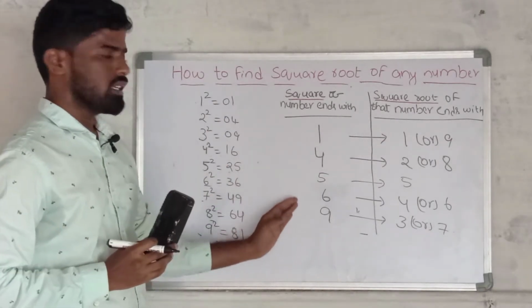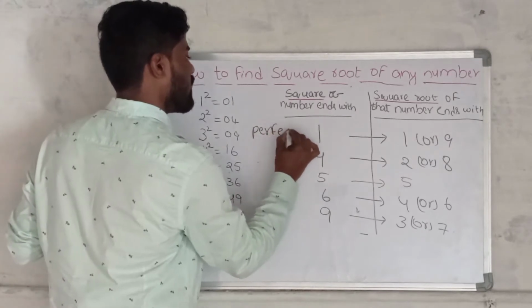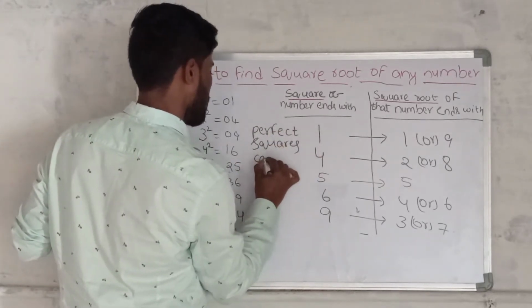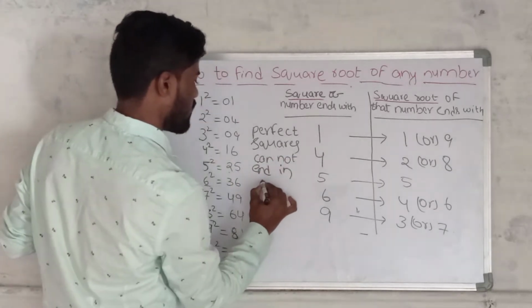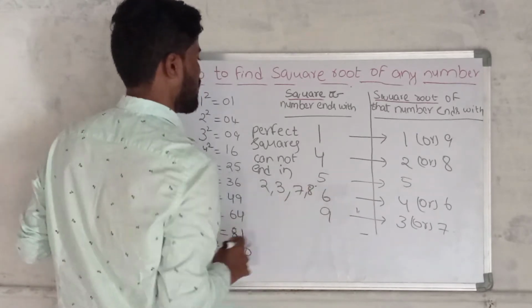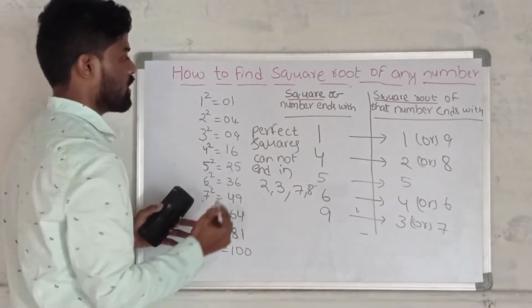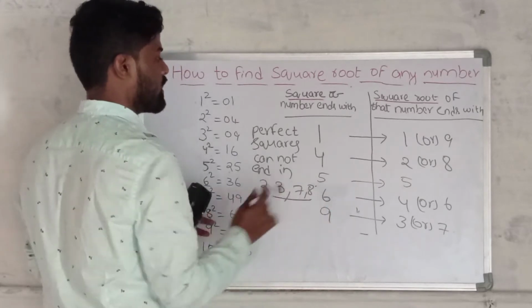From here we can say that perfect squares cannot end in 2, 3, 7, 8. A perfect square is a number which has an exact square root.